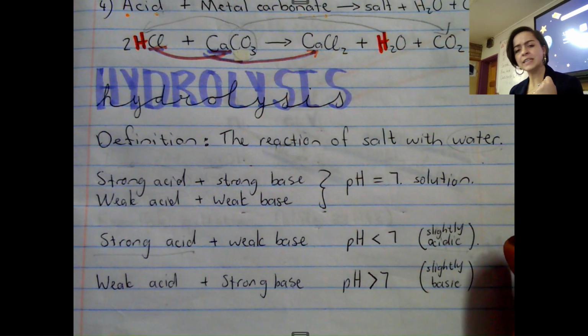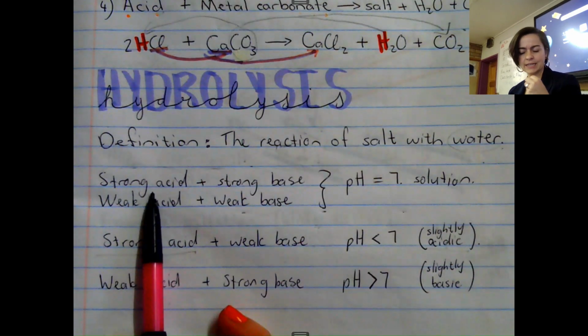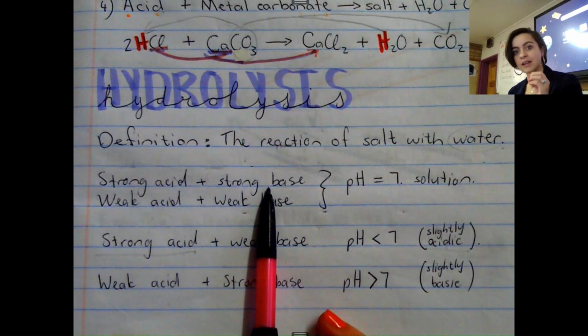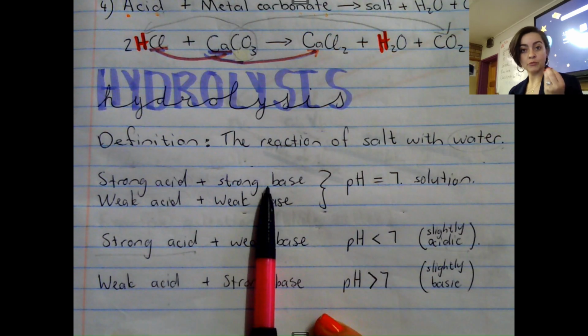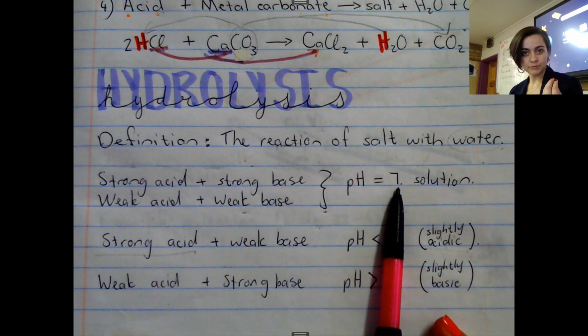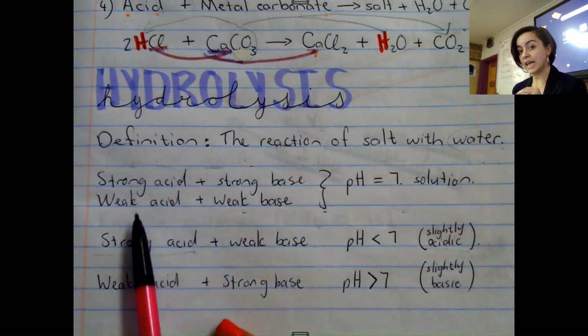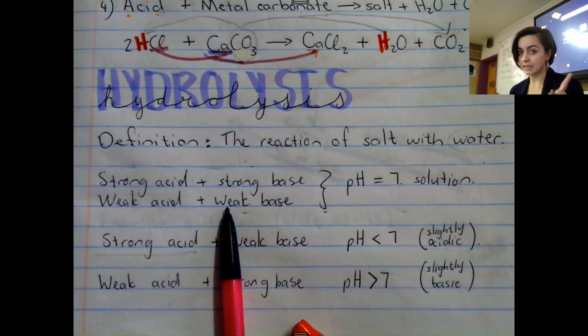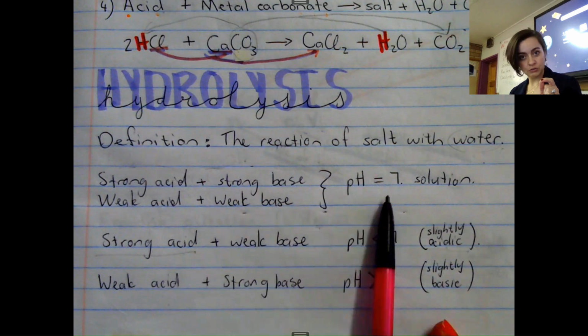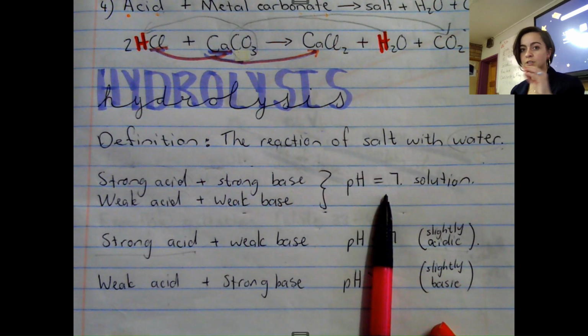So how do I know which one it is going to be? Well, if it is a strong acid and a strong base that created the salt, that means my resulting aqueous solution from that salt will be neutral. If it was a weak acid and weak base that resulted in a specific salt, then that aqueous solution will be neutral as well. So strong, strong, neutral. Weak, weak, neutral.